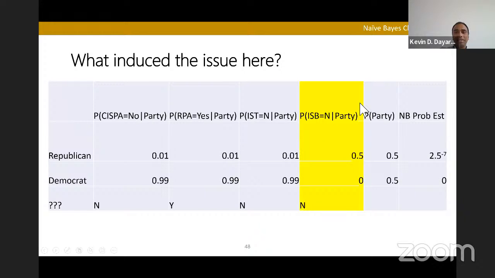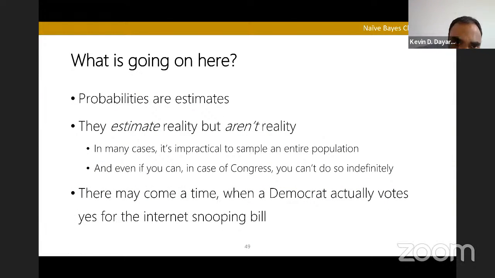So this is the problem here, right? Because probabilities are estimates. This is like the relative frequency concept that I was alluding to at the beginning of the talk. Just because something has been some way in the past doesn't mean it's always going to remain that way. These probabilities estimate, but they don't necessarily reflect reality. And in many cases, it's impractical to sample an entire population.